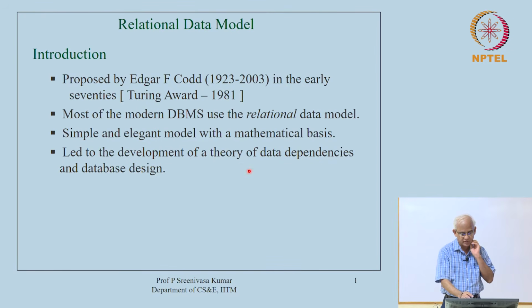So, it is in this context that we talk about data dependencies, and then we define what are called normal forms, and then try to evaluate the designs based on these normal forms, and then come to a conclusion about what design to adopt. So, the relational database model led to this entire body of knowledge concerned with the theory of data dependencies, and then how to evaluate database designs.